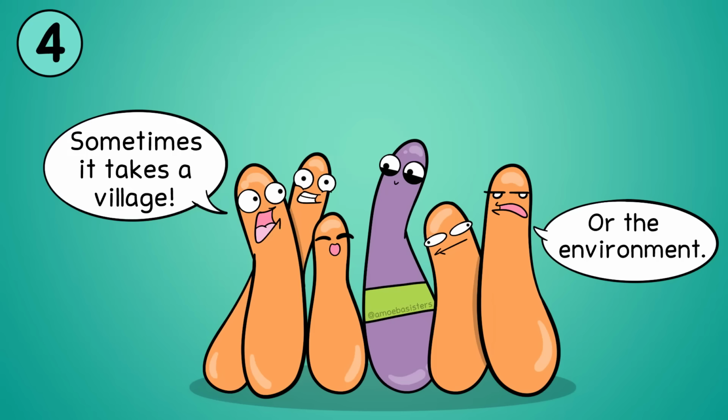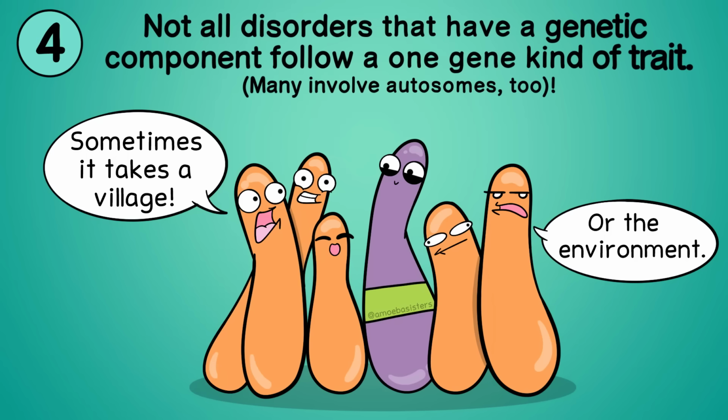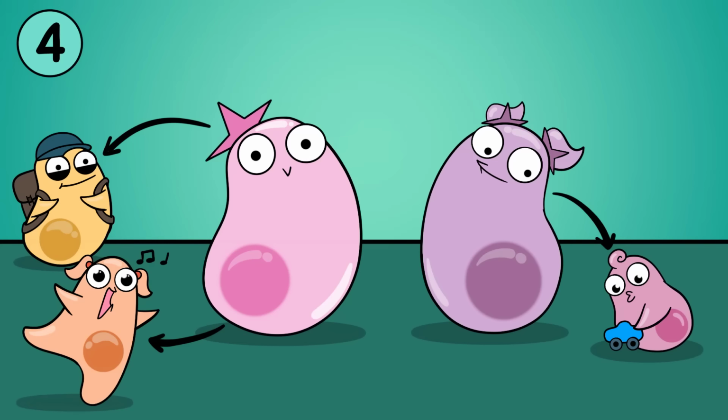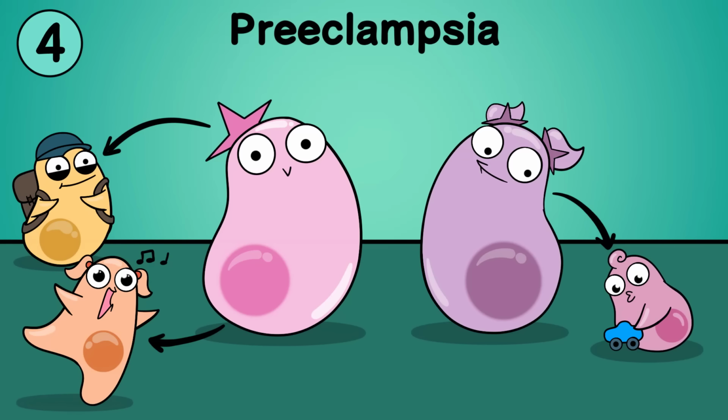Number 4, because we talked about the inheritance of the disorder hemophilia, and we also mentioned color blindness, we do want to make sure you don't leave with a misconception. Not all disorders that have a genetic component follow a one-gene kind of trait. In fact, many don't. An example? We both talk about how we developed preeclampsia, a disorder that occurs during pregnancy or the postpartum period that can be life-threatening to those that develop it.